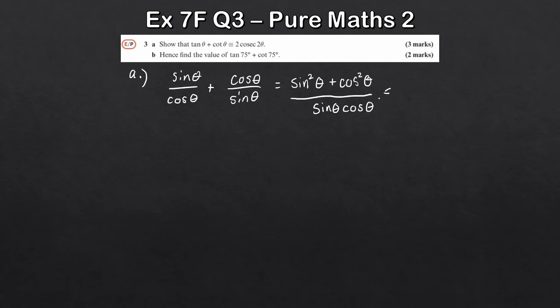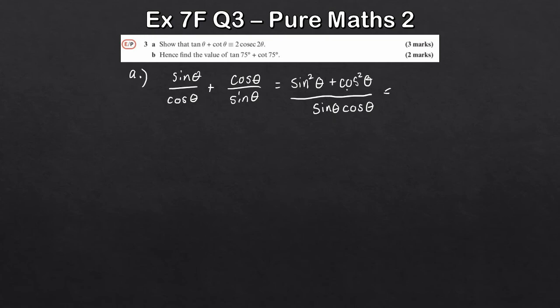Now at this point, this looks kind of similar to what we need, considering that we're going to need something like 2 over sine 2 theta, because that's what 2 cosec 2 theta is. But it's hard to see how this links, unless you can spot the identities we're using. In the numerator, notice that this is equal to 1, and our numerator needs to be 2.